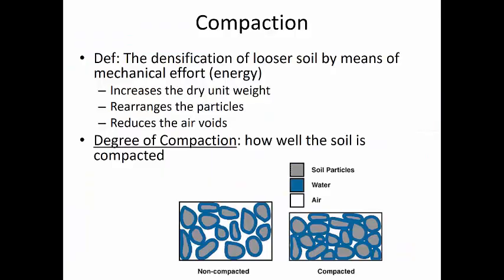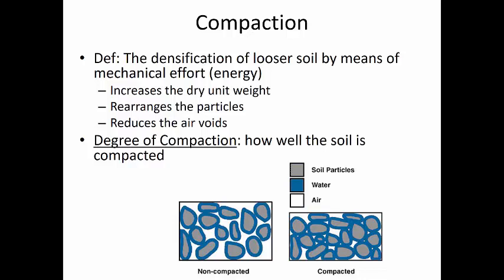And so we'll get into looking at the specifics of compaction and why it's important, what's going on, what the concepts and background information is before we get to the actual test. So the definition of compaction is densification of soils to be more dense than what its current state is, utilizing some sort of effort or energy, which we saw in the previous slide with many pictures in it.